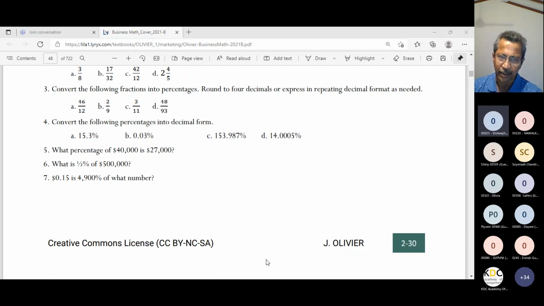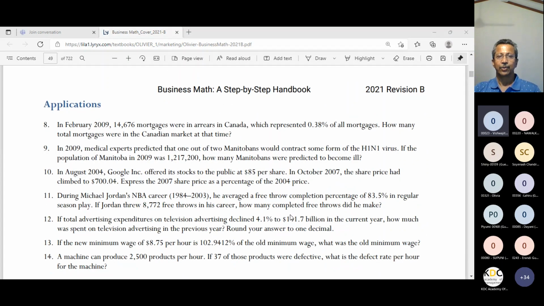My brother is a maths professor in Maryland, USA, so I asked him to share some books, and this is the one he shared. He also shared some notes on probability, but I won't do probability with you. Any other questions?